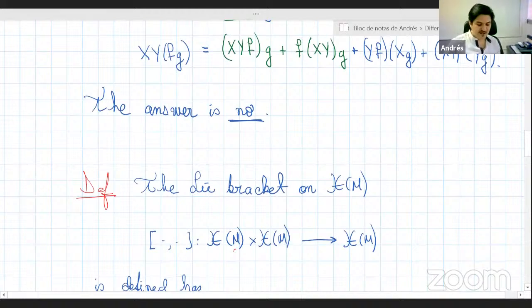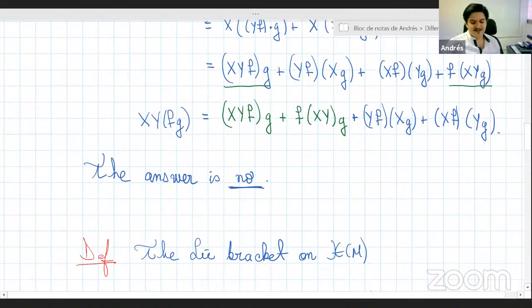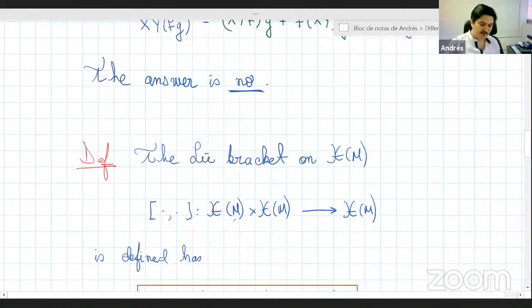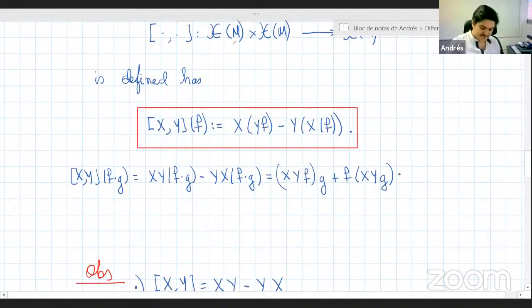Now, the second part is just basically the combinations of X, Y, and f and g with a plus. It is commutative, so let's put this.